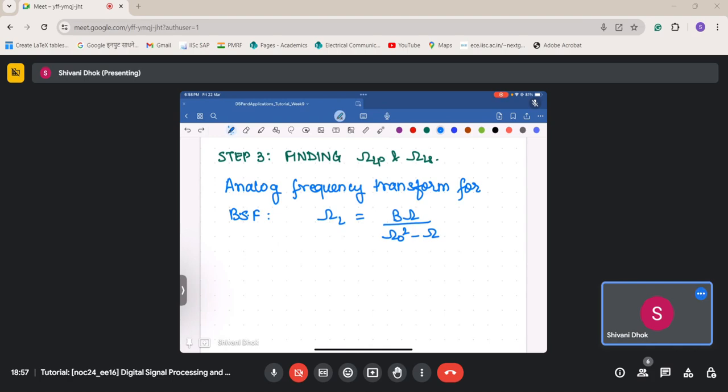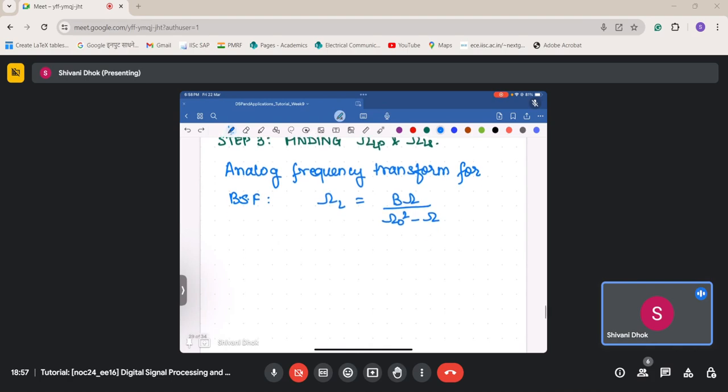Okay, so for this we need two values, that is B and omega naught square or omega naught.